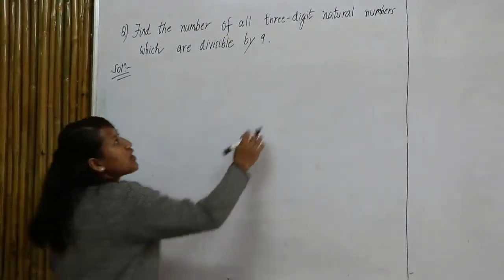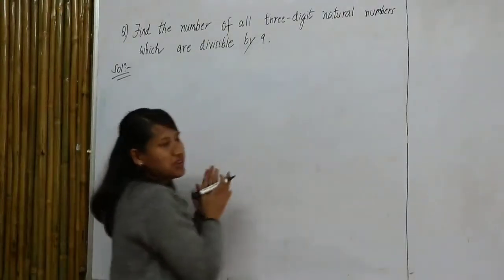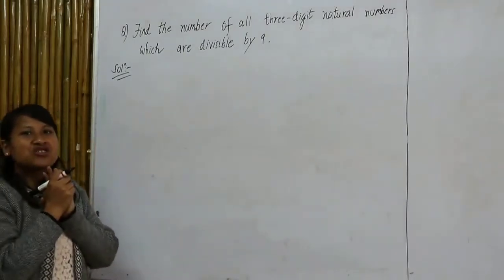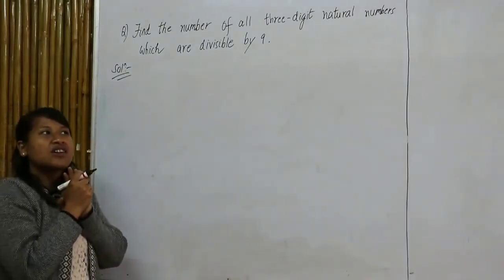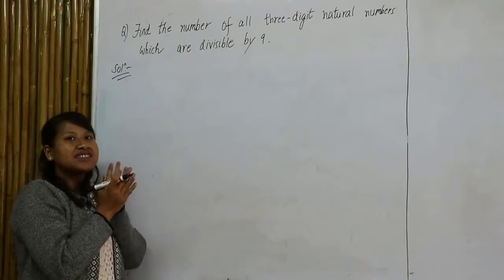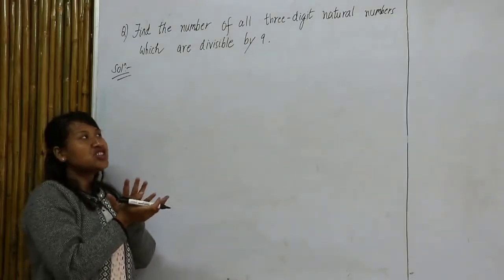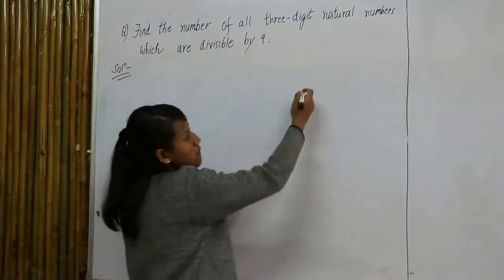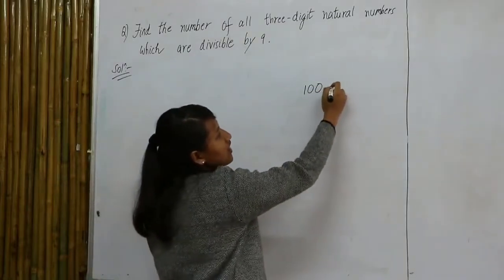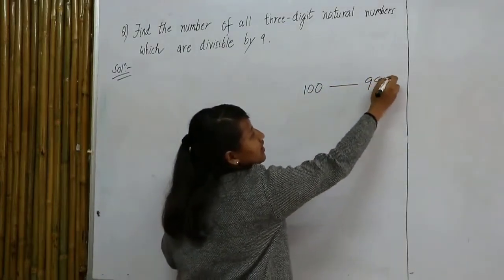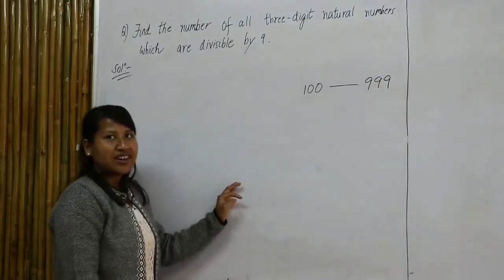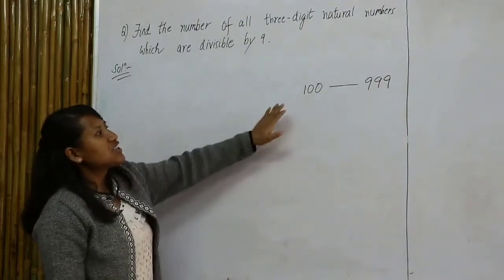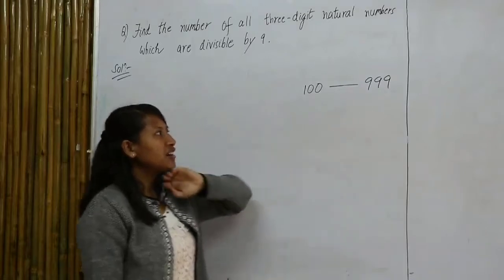Keep track first of the 3-digit natural numbers. Like, it starts from where and ends till where? 3-digit, so it is from 100 till the last one, which is 999. So it starts from here and ends till here.